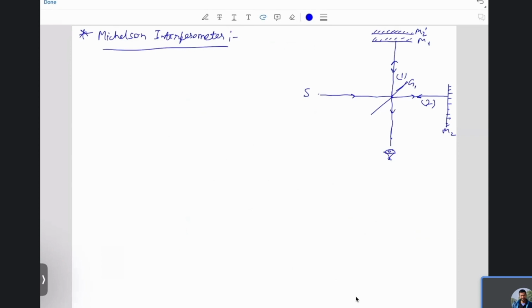Given that these two path lengths, suppose this is x1 and this is x2. So suppose x2 is greater than x1, then you will see two sources of light coming from above. Okay, and hence you will observe an interference pattern.